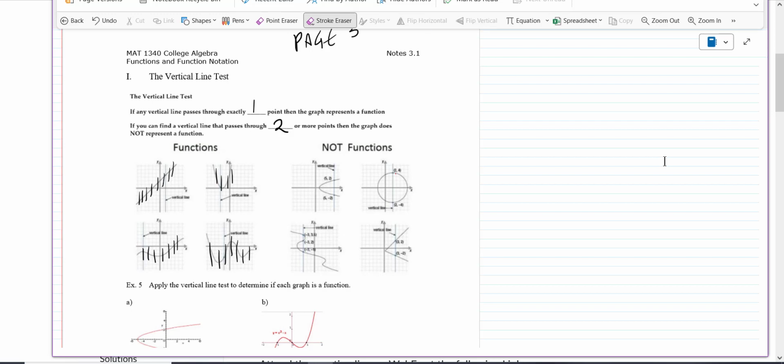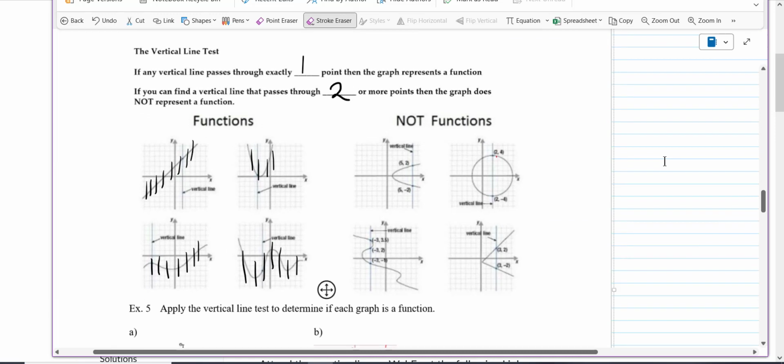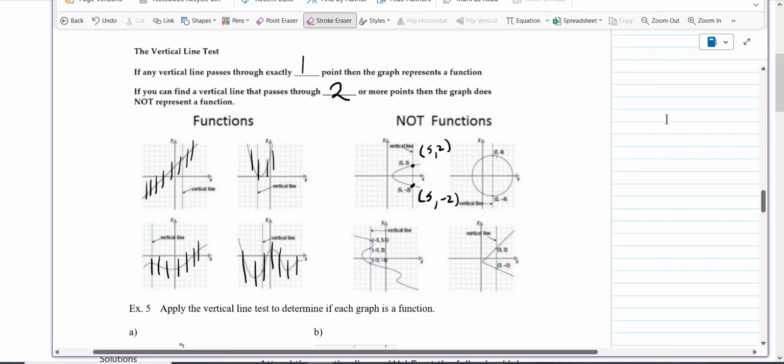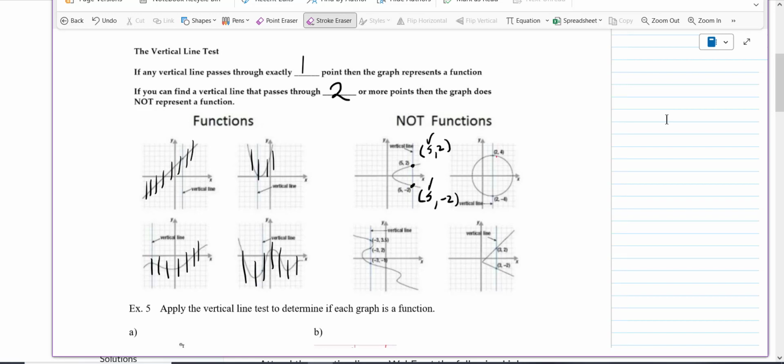Those are functions. These things here are not functions, and the reason is you can find a vertical line that goes through 2 or more points. Notice this point right here, you can barely see it on the handout. That's the point (5, 2), and this is the point (5, -2). When you have a function, any given x value has to have exactly 1 y.